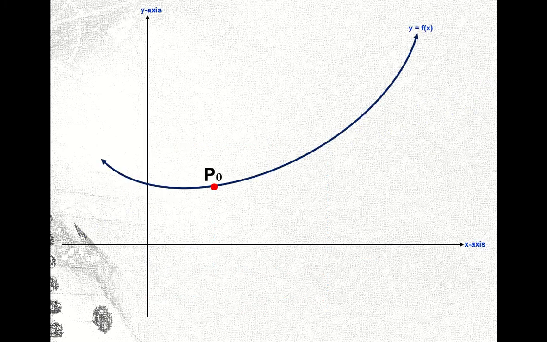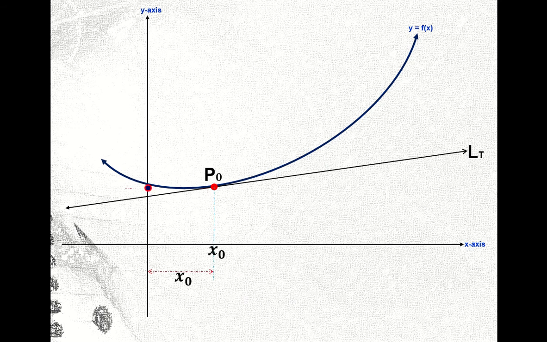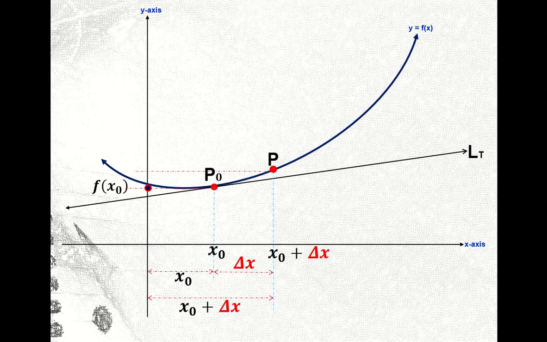LT. Furthermore, this time we'll see that our point P is now very close to P sub 0, and our delta x is now very small. As you see, our value of the function at point P is very close to f of x sub 0.